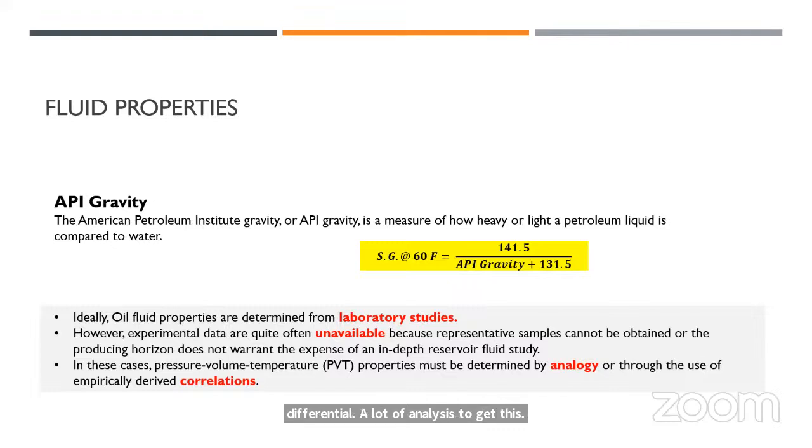But mainly this data is not available at all times, so we use offset data by analogy. In case we are producing a development well in a well-known field, we can use offset data. But in other cases, like exploratory wells where we don't have this data, we have to do some lab test study to get these fluid properties.